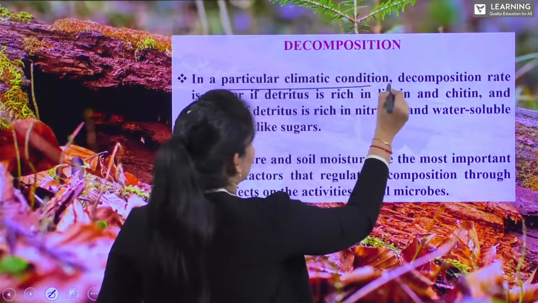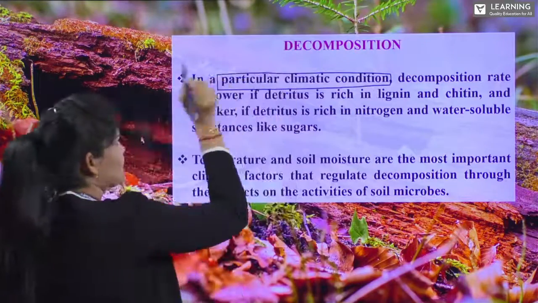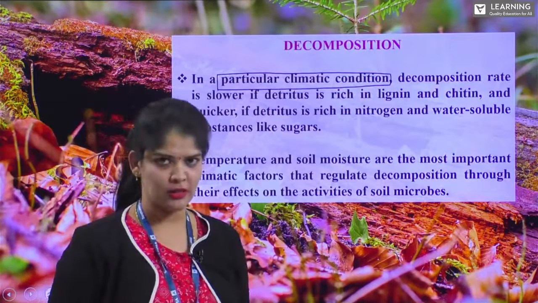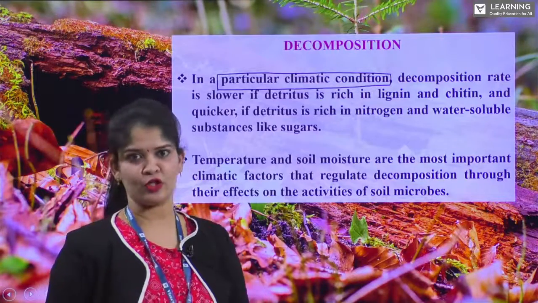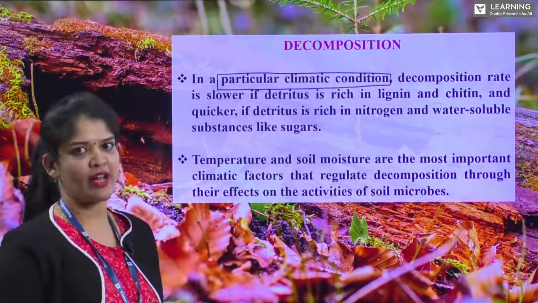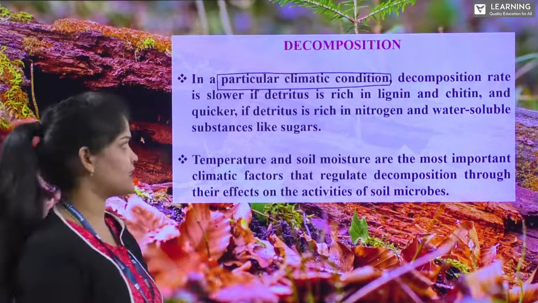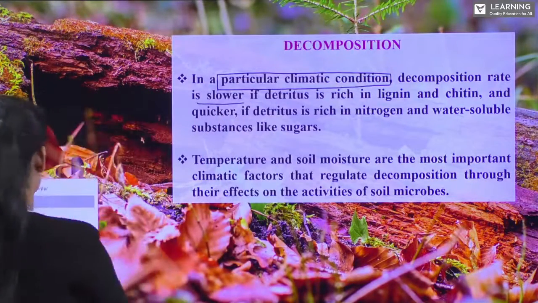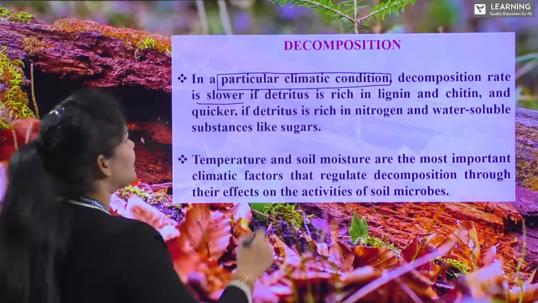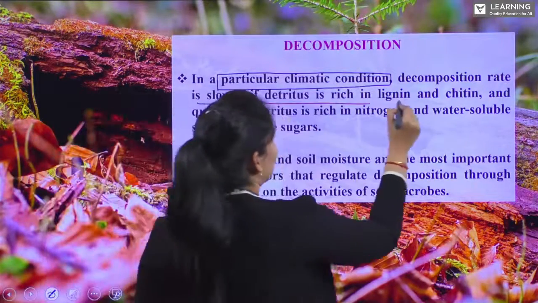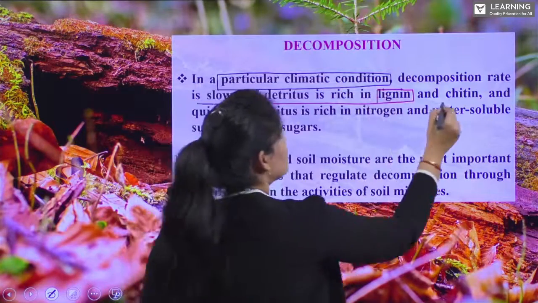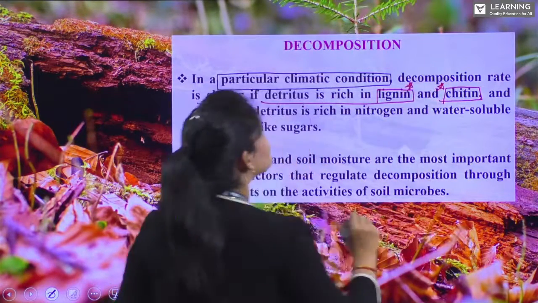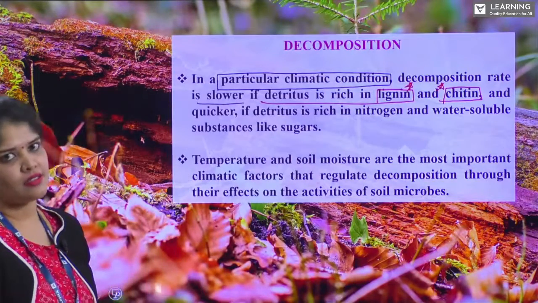Now, in a particular climatic condition, where just now we have discussed the factors that are going to control, regulate the process of decomposition, right? They are climatic factors. Under particular climatic factors, decomposition rate is slower if the detritus is rich in substances like lignin and chitin. These substances slow down the process of decomposition.